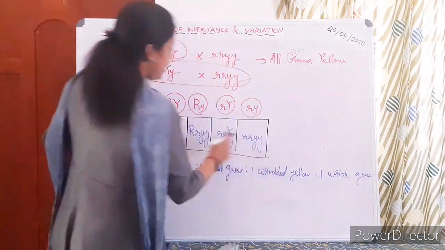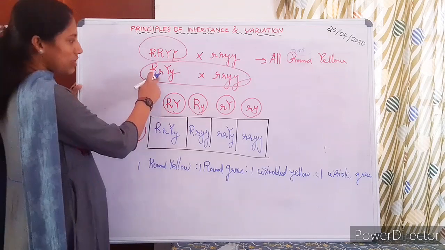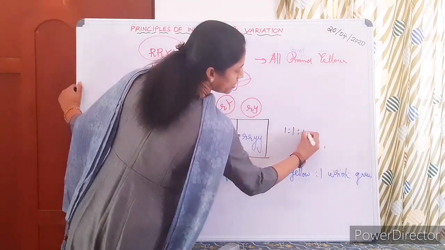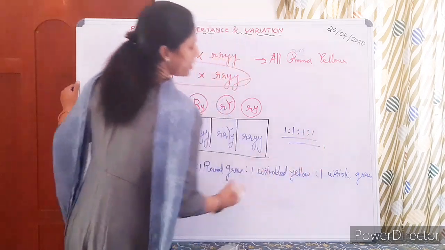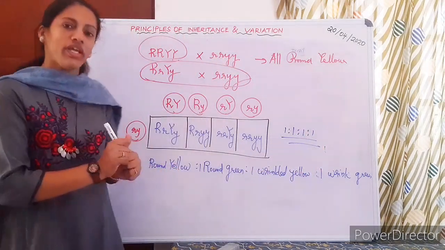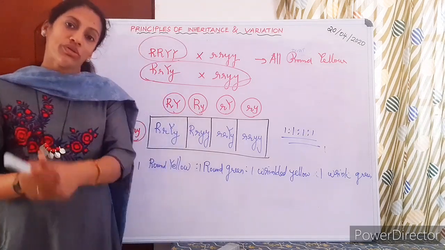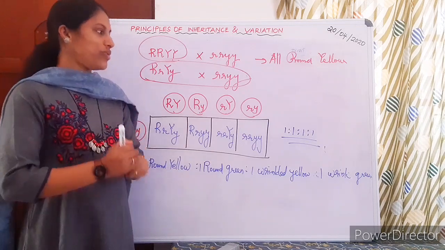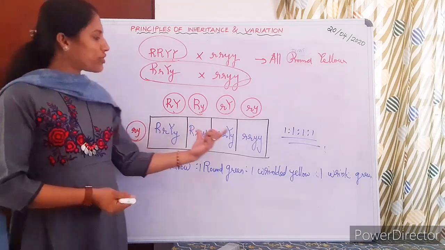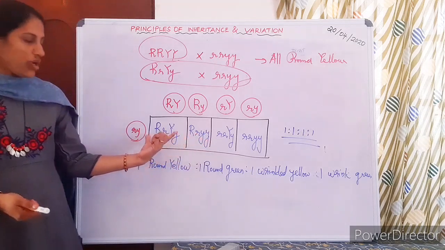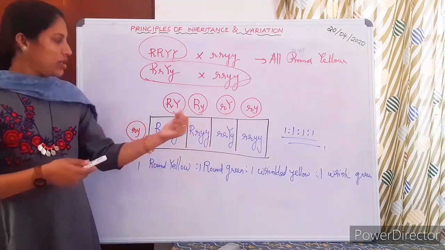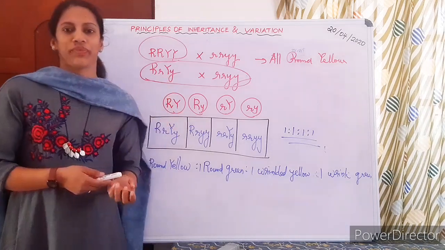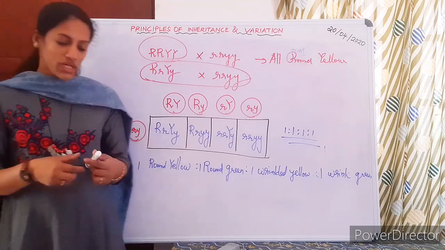So in a dihybrid test cross, if it's heterozygous, the ratio will be 1:1:1:1. This is the same as the multiplication of the monohybrid test cross ratios, 1:1 and 1:1. So all four characters of the F2 appear here in the test cross, because we are crossing the dihybrid with double recessive. This is how we work out the test cross.